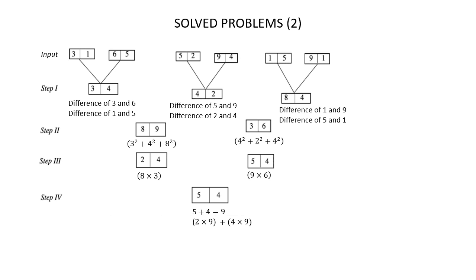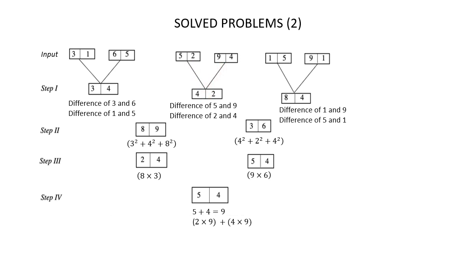Now let's find the pattern followed here from the input to the output. Now it's given that the first and the second input numbers are connected in some way to get the first number of step 1. Similarly, the third and fourth input numbers are connected in some way to get the second number of step 1.